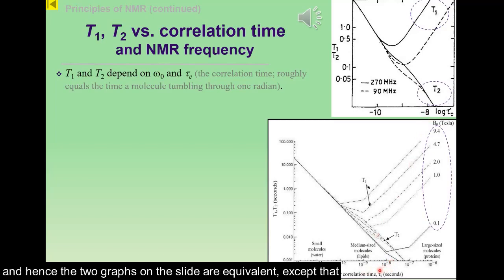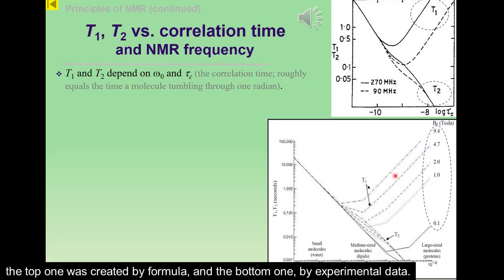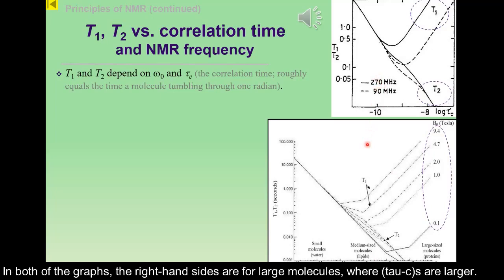And hence, the two graphs on the slide are equivalent, except that the top one was created by formula and the bottom one by experimental data. In both of the graphs, the right-hand sides are for large molecules where tau c are larger.